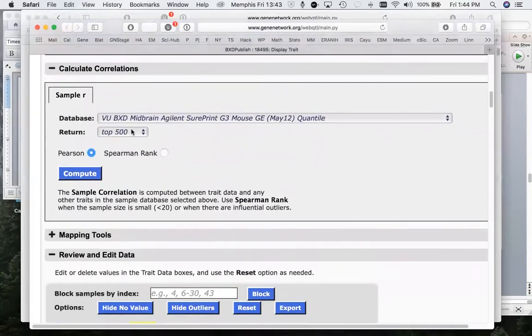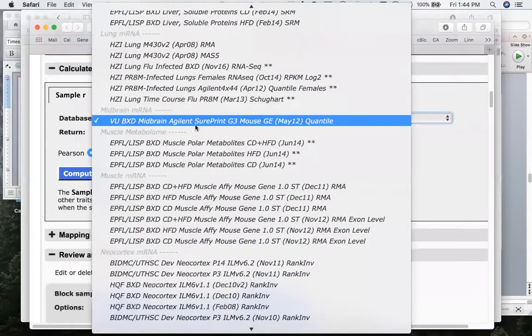In this case, Randy Blakely generated these data at Vanderbilt. He generated mRNA expression data using the Agilent system on midbrain samples from the same strains, obviously not the same animals, but the same genotypes.